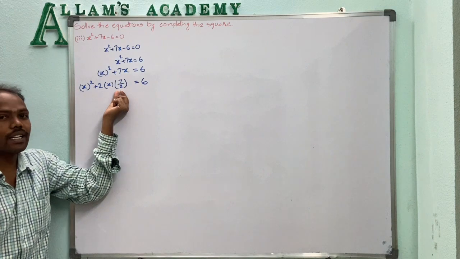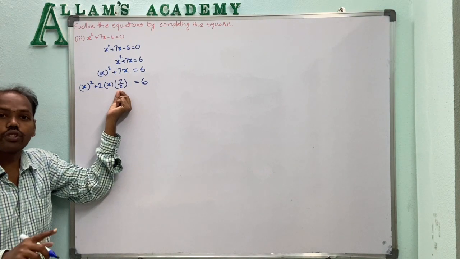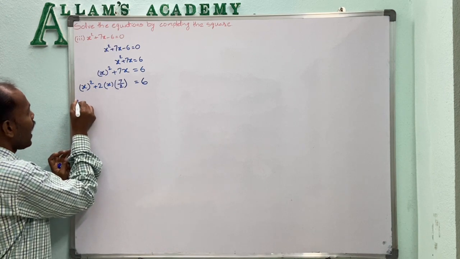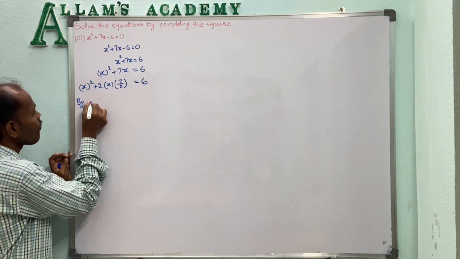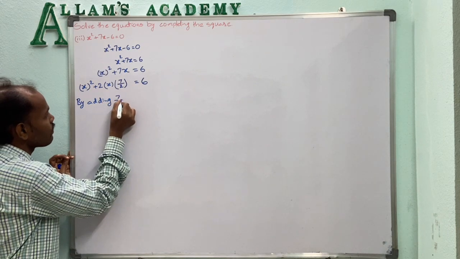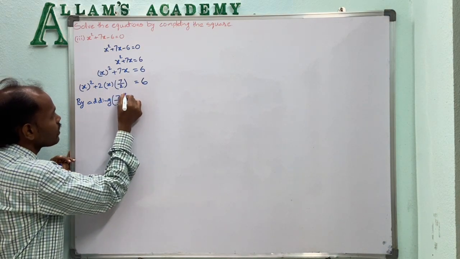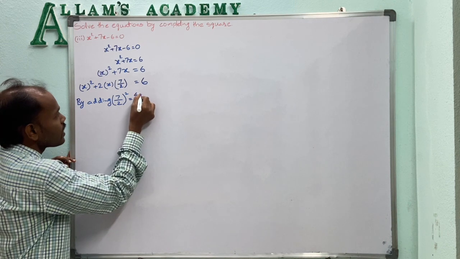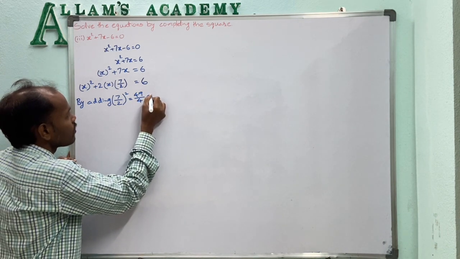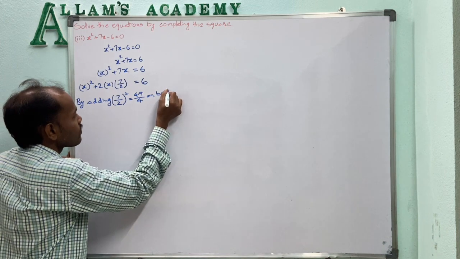So here the b term is 7 by 2. So the b square term is 7 by 2 whole square. So by adding the b square term, that means 7 by 2 whole square, which is nothing but 49 by 4, on both sides.